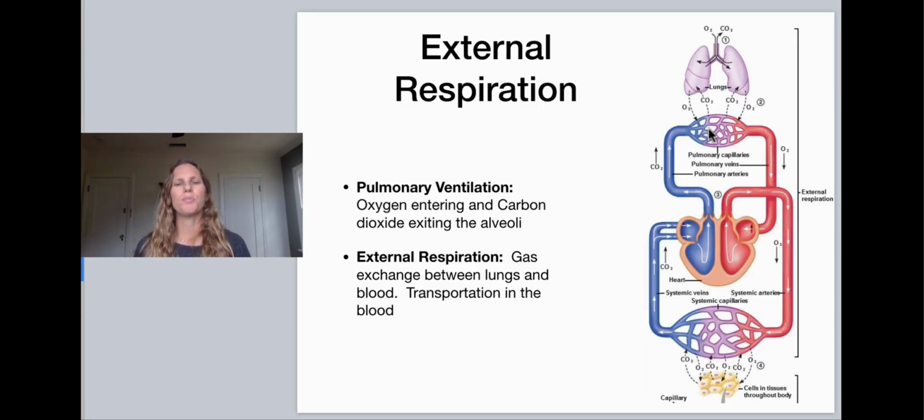This process, called external respiration, occurs between the alveolar wall and the capillary. It allows oxygen to move from inside the alveoli, out of the little air sac, and into the blood. It's just going to diffuse.